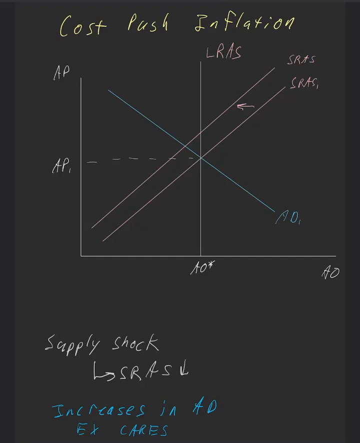Then aggregate output falls. So now we're in a different situation. We have prices going up, but instead of aggregate output going up, aggregate prices go up, but aggregate output goes down. Okay, so this is sort of an even worse situation in some ways. Now, what happens is when you're at this point, you're dealing with two things.